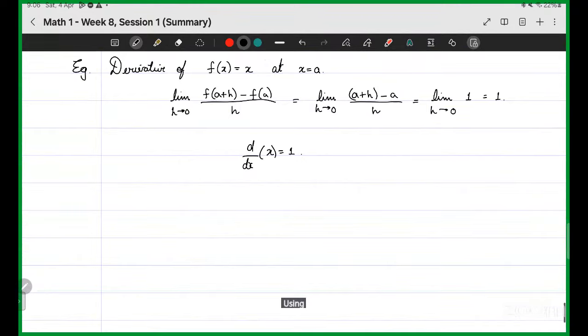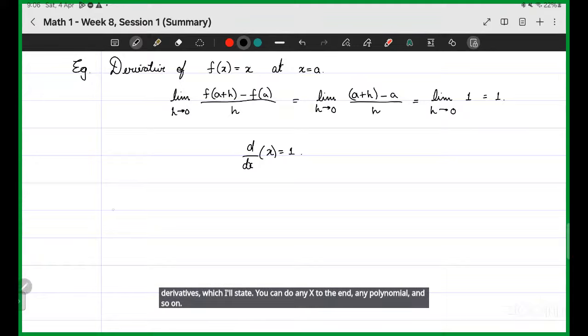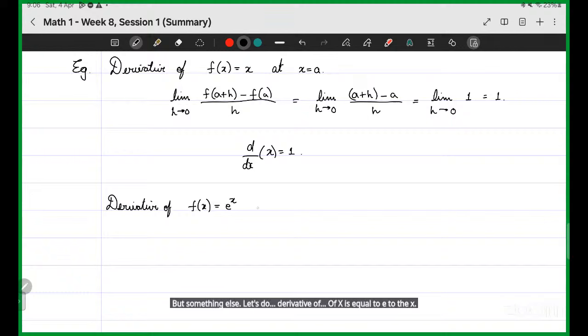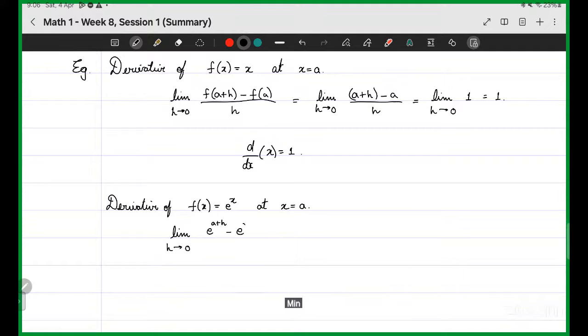Using this and the rules of derivatives, which I'll state, you can do any x to the n, any polynomial, and so on. But something else. Let's do the derivative of f of x equal to e to the x at x equal to a. So here, what is the limit that you have to calculate? As h goes to 0, f of a plus h minus f of a divided by h.